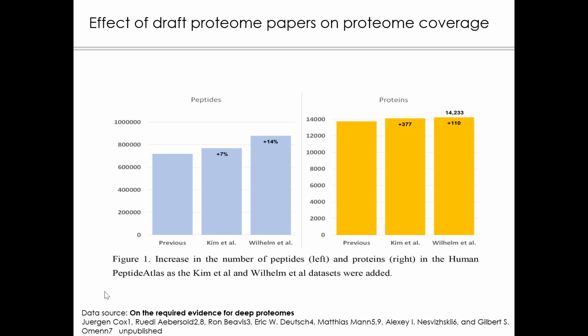What they found is that the data sets, either by themselves or in combination with the public information, capped out around these 14,000 plus proteins, exactly the same or very close to what the public effort was doing.